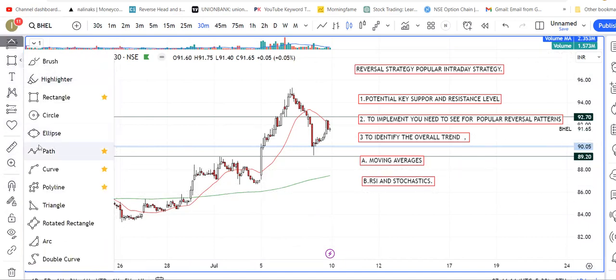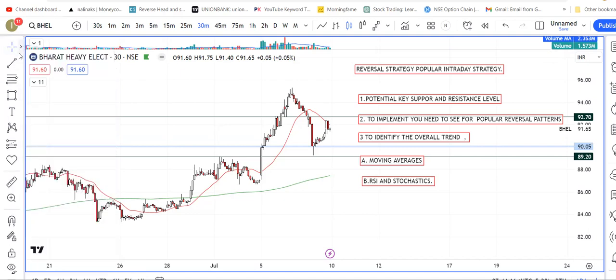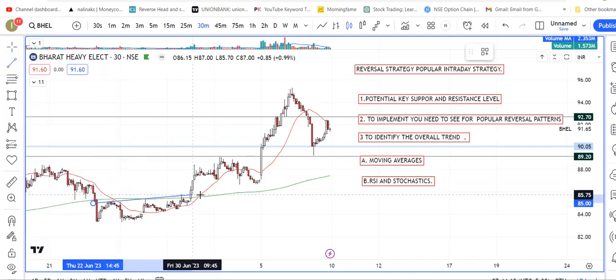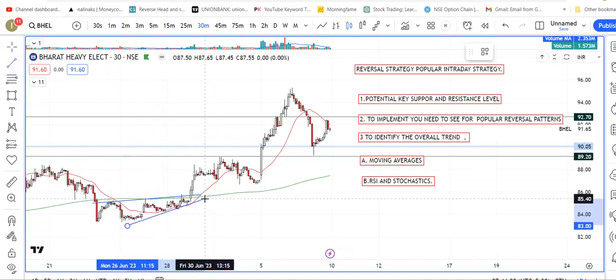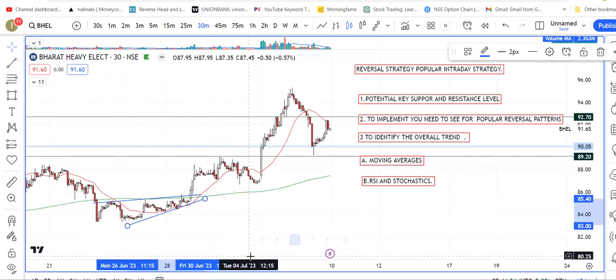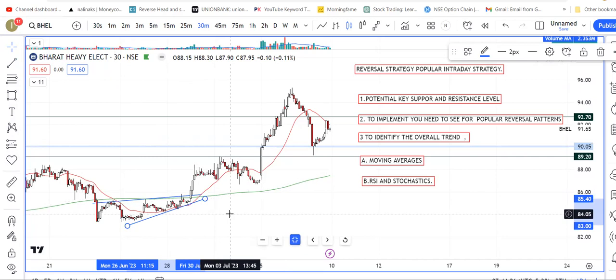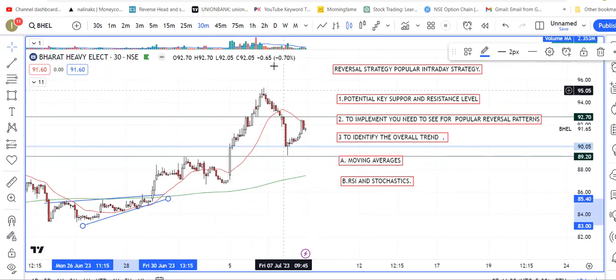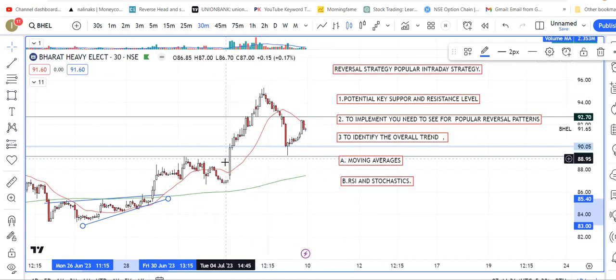Let me take a tool. Yes, it's a wedge, a narrow constriction. So constriction and breakout, this type of pattern they will see. And also single candlestick patterns like a reversal doji and shooting star.